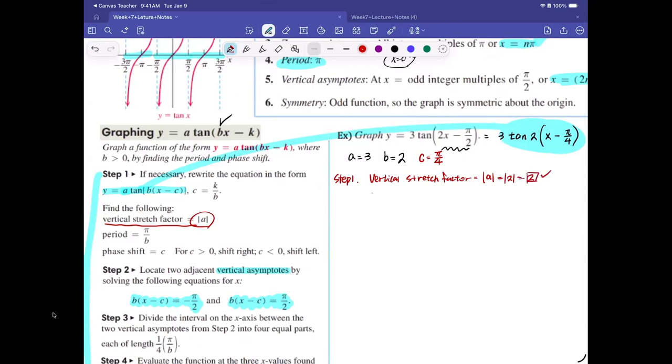And then the period is pi over b, which is pi over 2. And then the phase shift is c, right? So it'd be pi over 4. So we're done with step number 1.